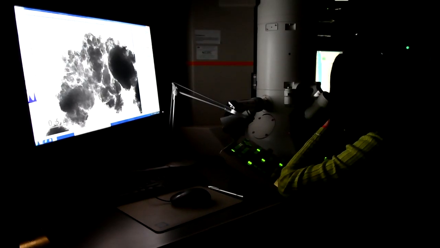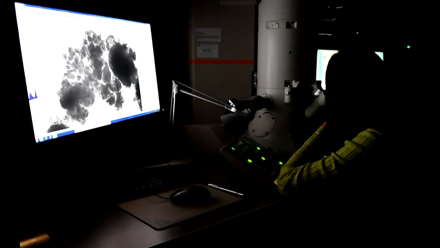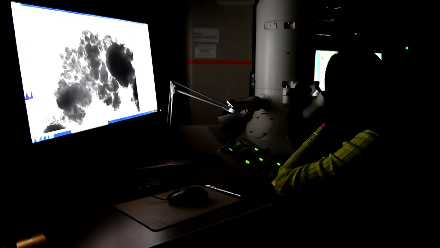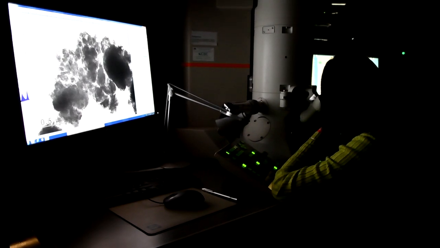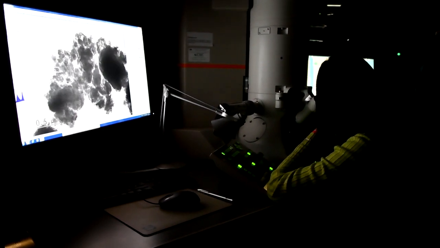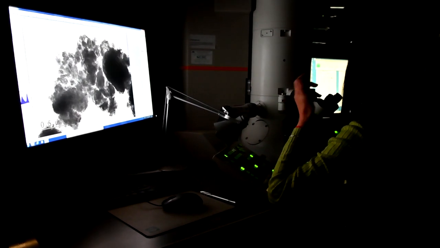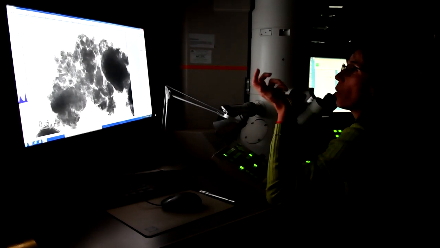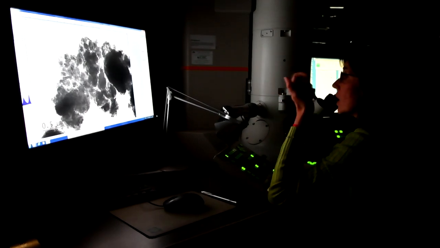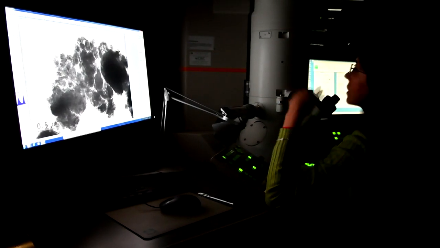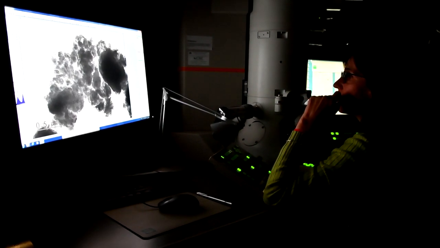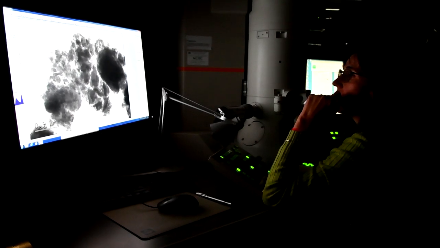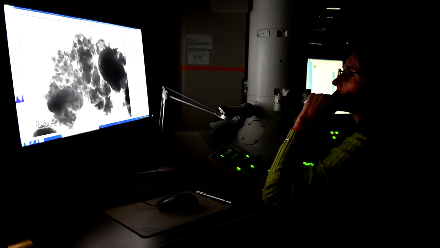This microscope is unique for our country. We have only two microscopes of this power to really see nanomaterials: one here and one at the Sofia University Faculty of Chemistry and Pharmacy.